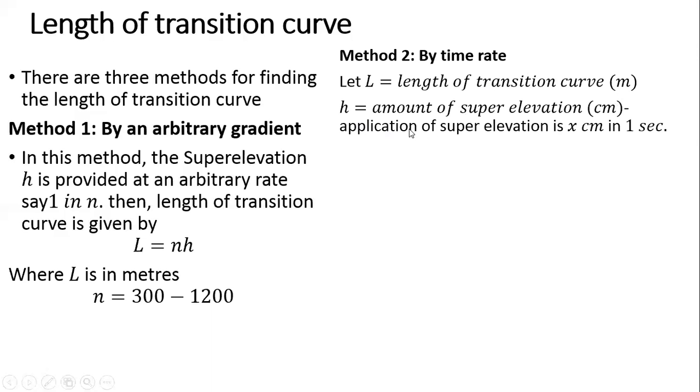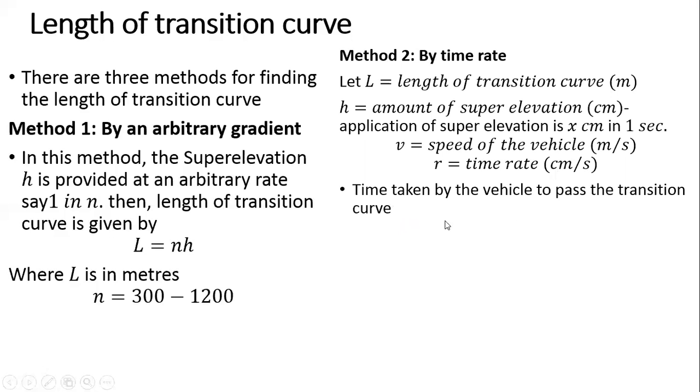Time rate means application of super elevation is x centimeter in 1 second. V is the speed of the vehicle in meter per second. R is time rate, the unit is centimeters per second here, that is how much super elevation is attained in centimeters in 1 second.